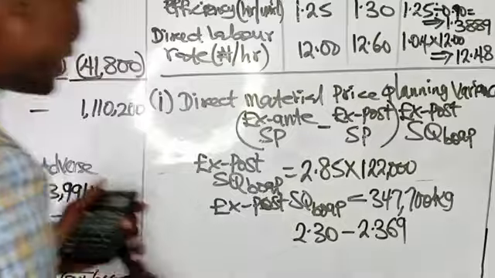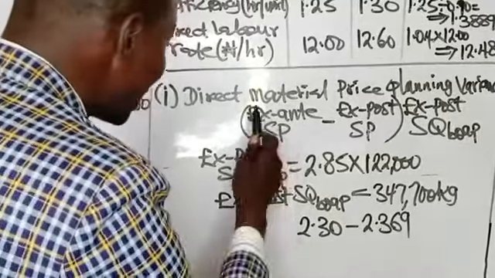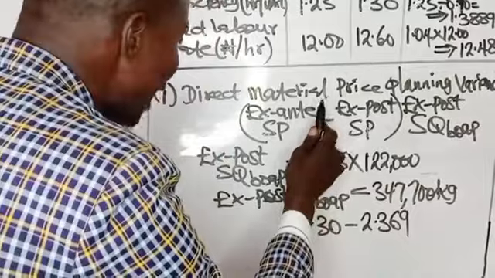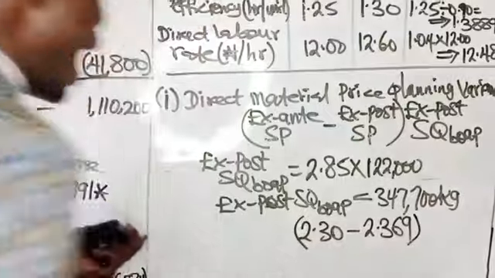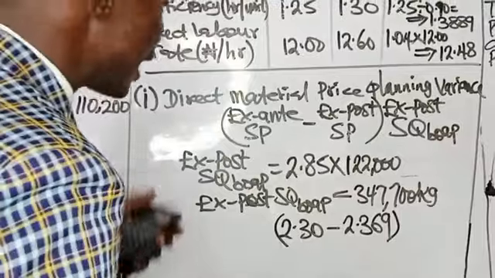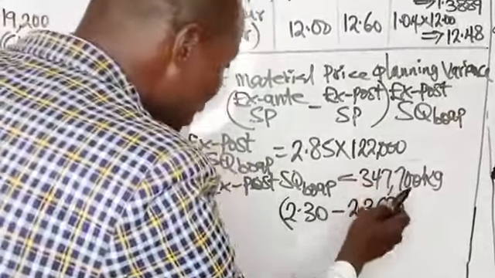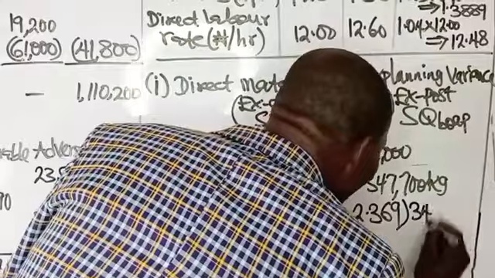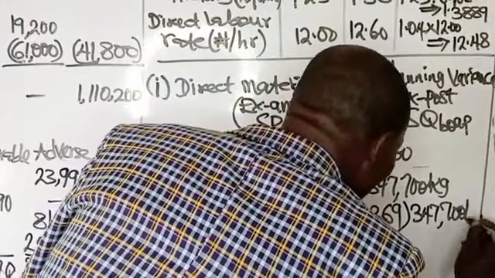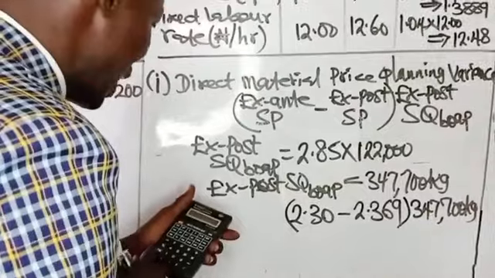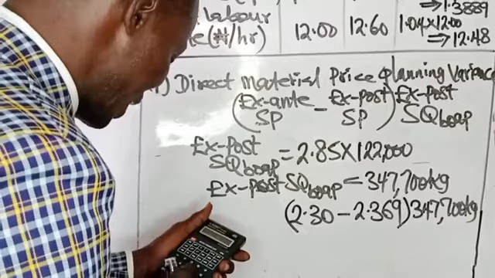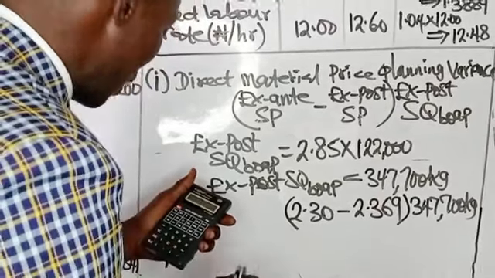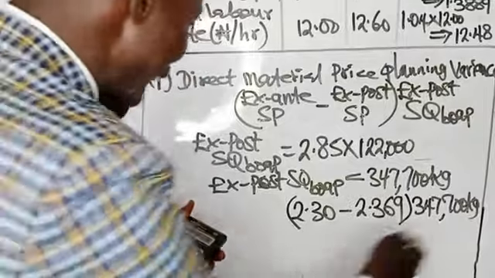And I've told you the formula: ex ante standard price, 2.30, minus ex post standard price, 2.369, multiplied by the ex post standard quantity based on actual production. And the ex post standard quantity based on actual production has been determined, and we got 347,700 kg.